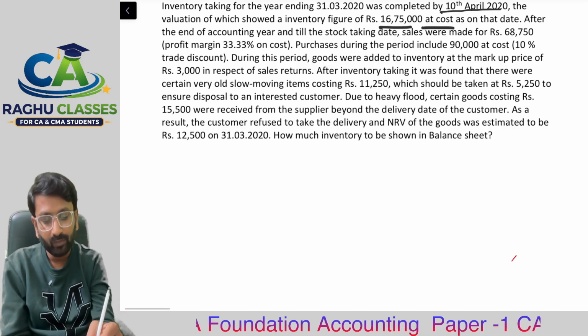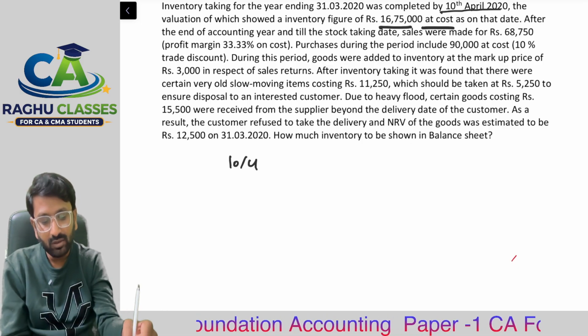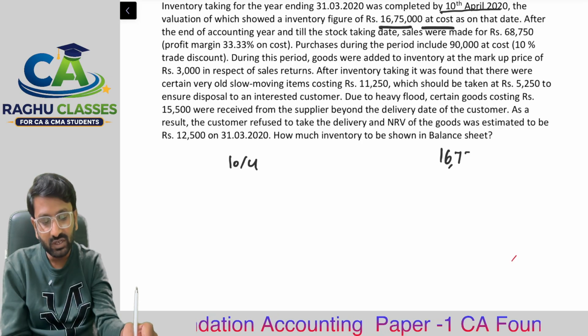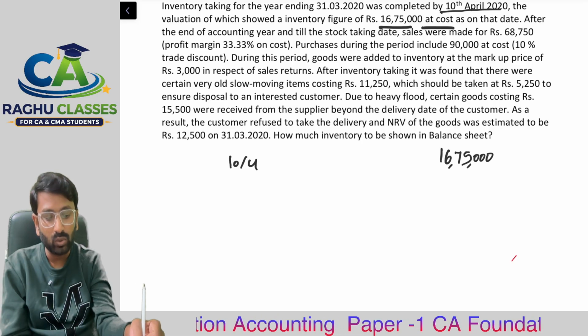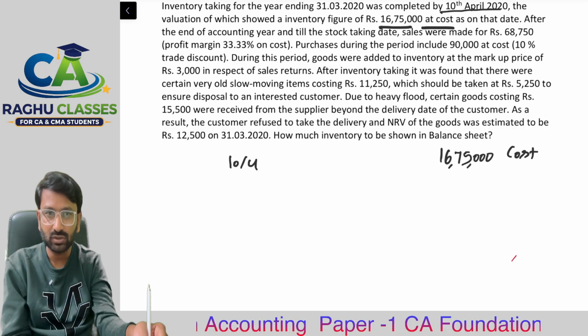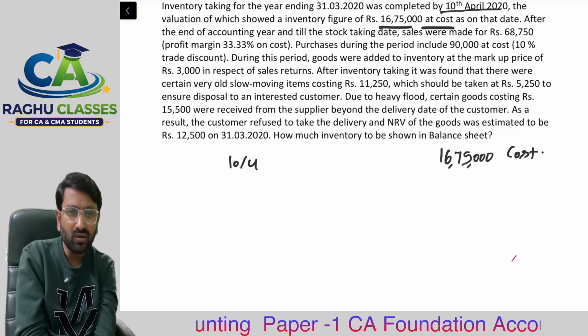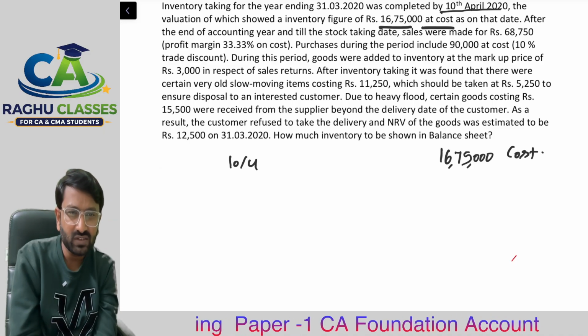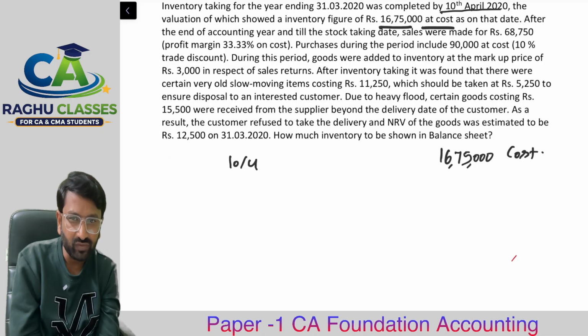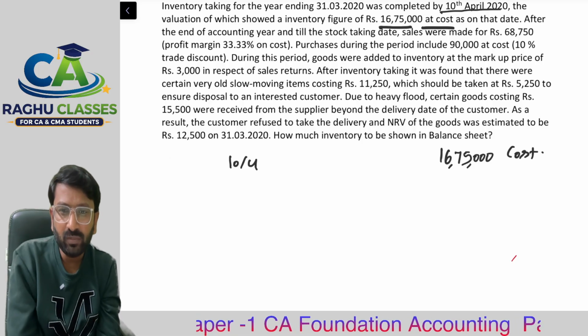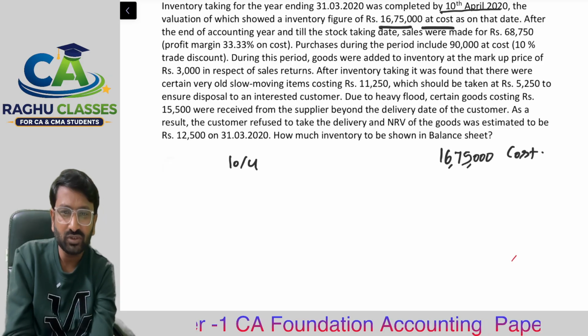So we know on 10th April we have 16,75,000 in the godown and this is at cost. After the end of the accounting year till the stock taking date, sales is given to you, 68,750, with a profit margin of 33.33% on cost.